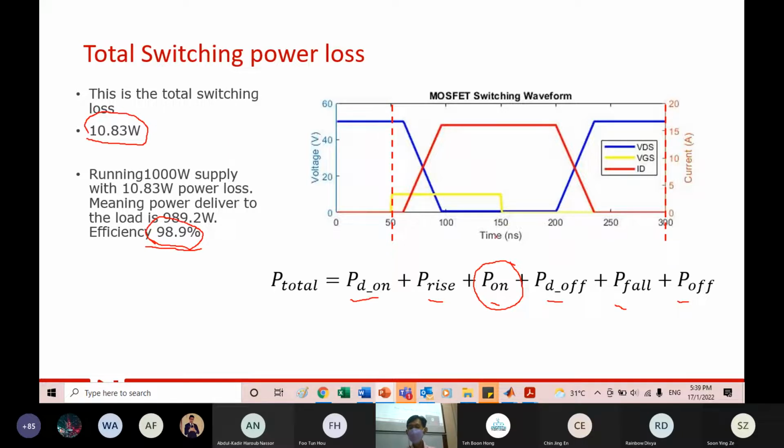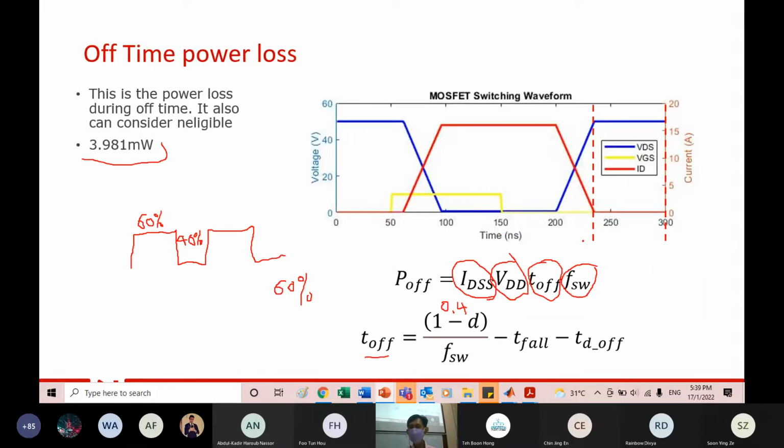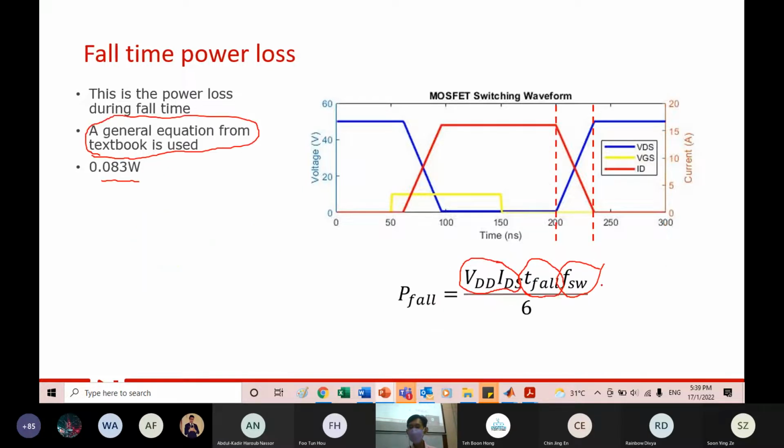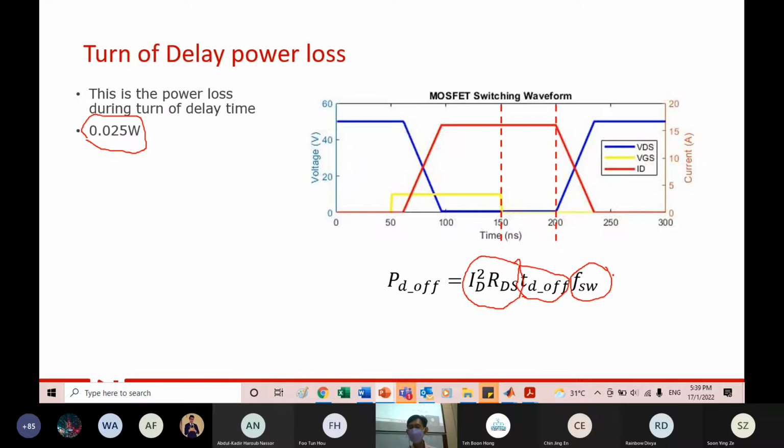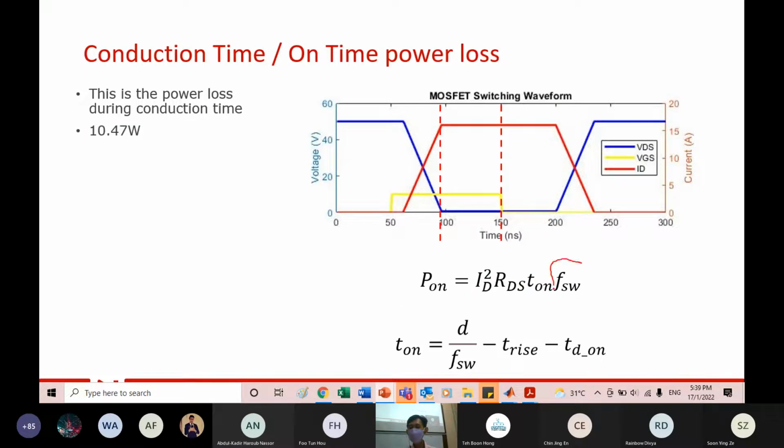And also remember that the switching loss is caused by switching, so it is driven by frequency. If you look at the equation carefully, every equation will have a multiplication by frequency. Multiply by frequency, multiply by frequency, multiply by frequency here.